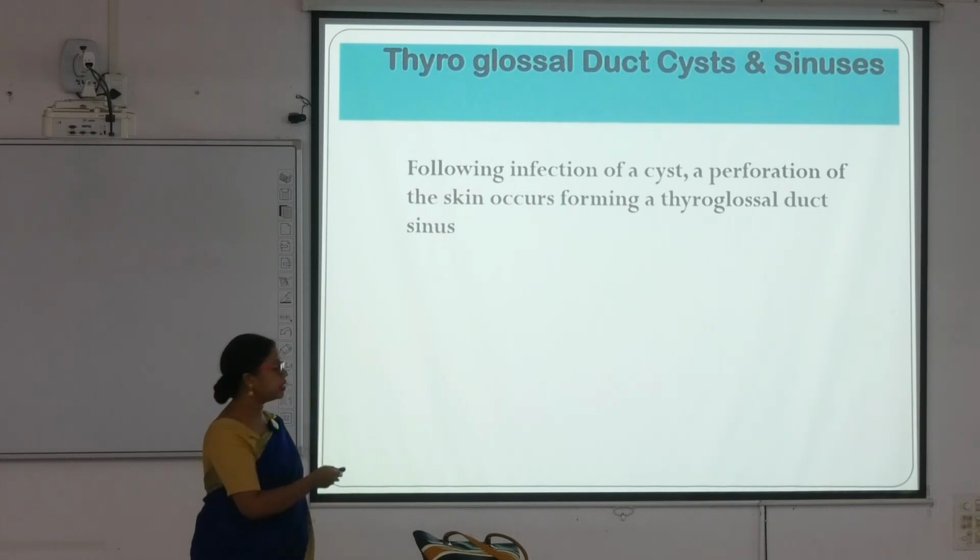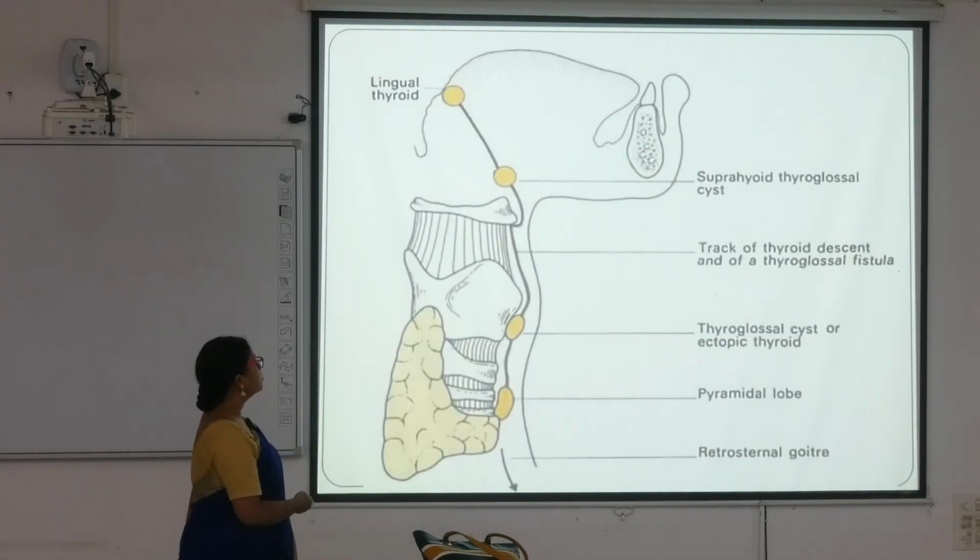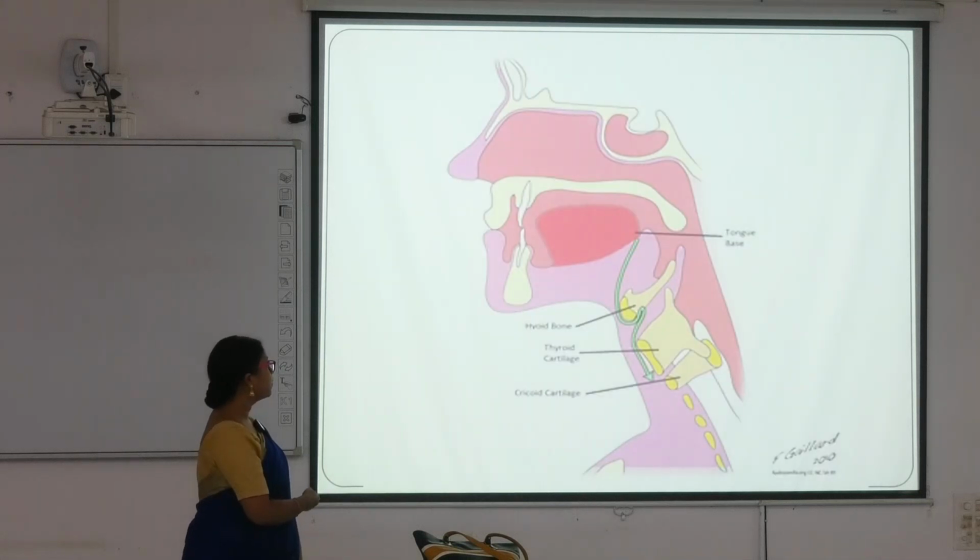Sometimes the thyroid may be present superiorly, just in front of the thyroid cartilage, or it could also go to the mediastinum, so that is known as retrosternal thyroid. So this is the pouch it is forming.